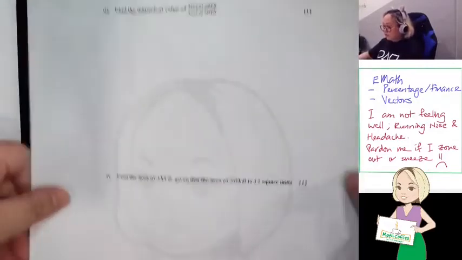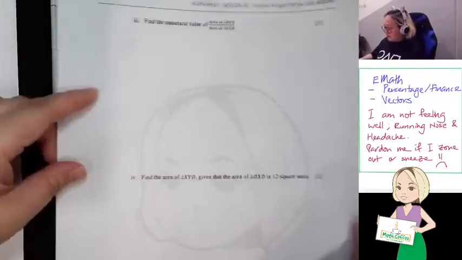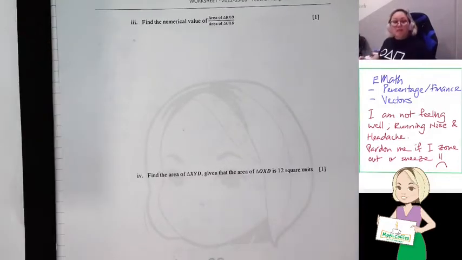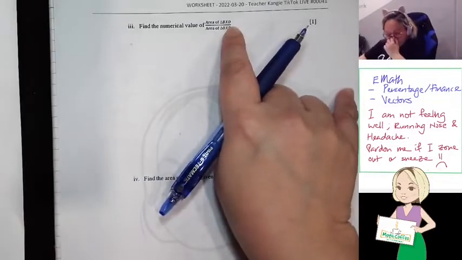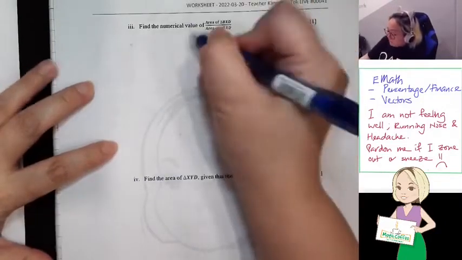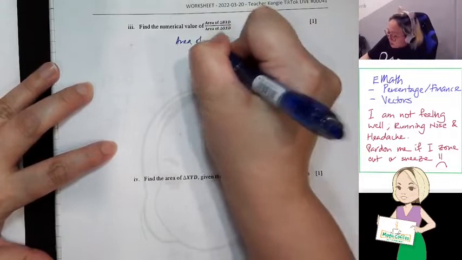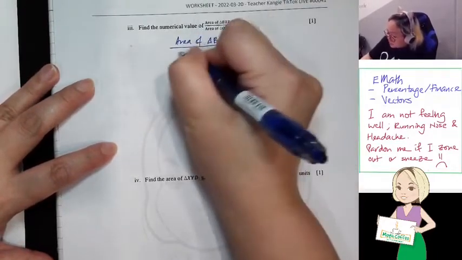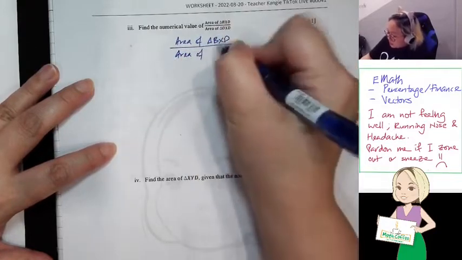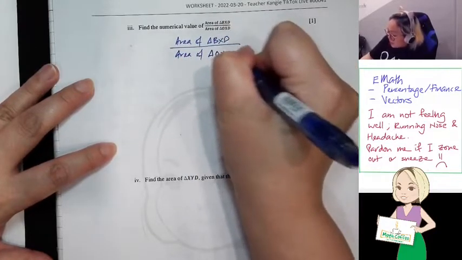So let's move on. Now, again, this is the nightmare, right? Nightmare. They want to find the ratio of the area. So they want the area of triangle BXD over the area of triangle OXD.